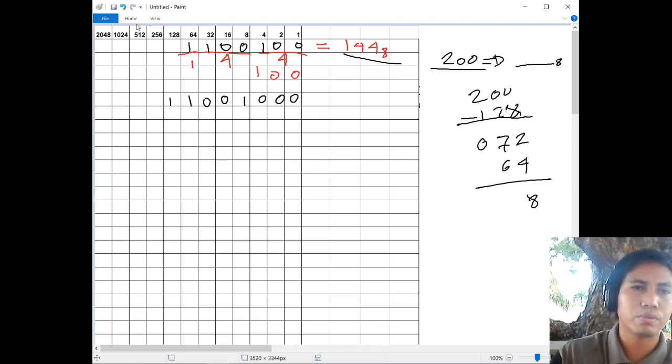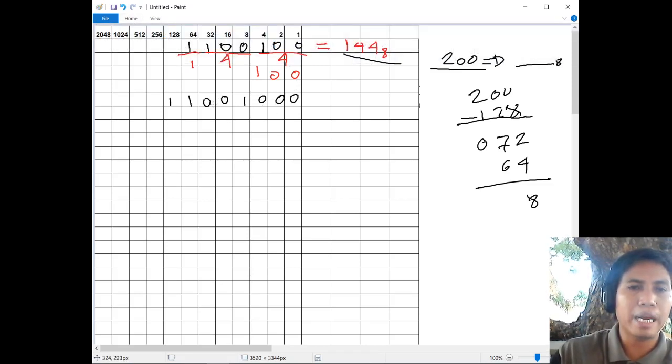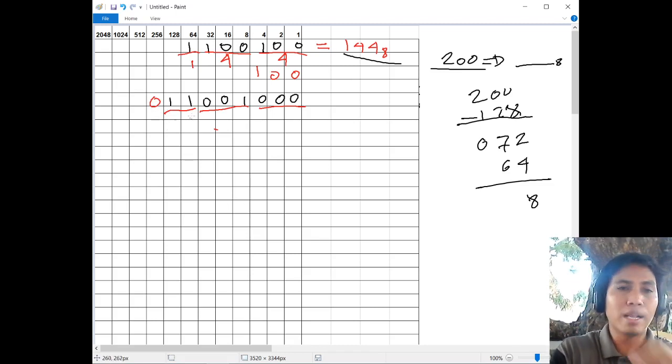Now, this is the binary. It's not the octal. As I told you, we need to group them by 3. It's not enough for a 3-digit group, so you just put 0 in here because that has no value at all.